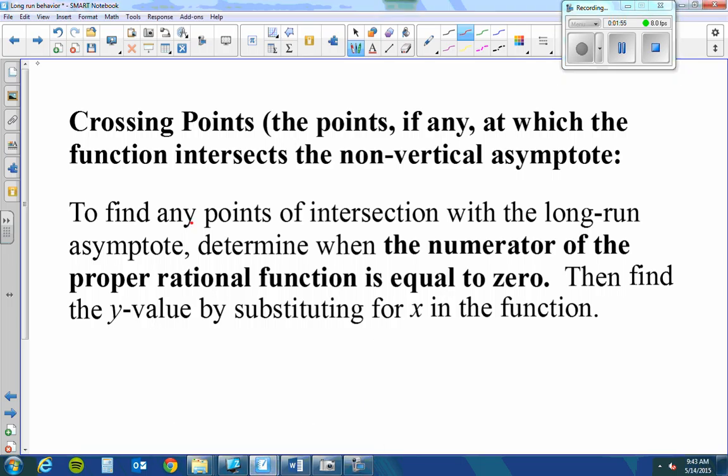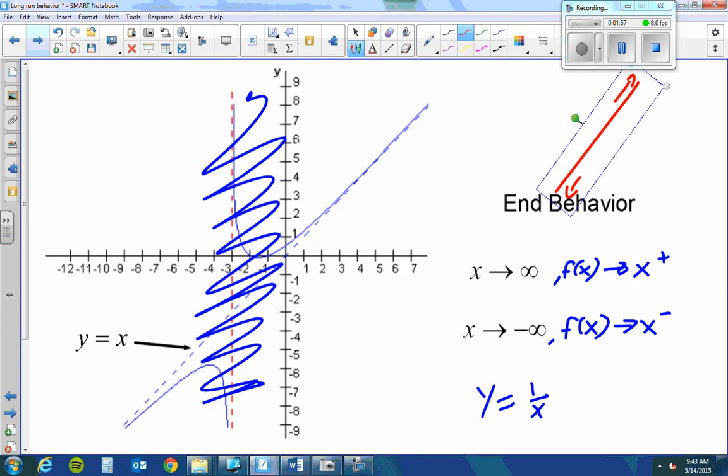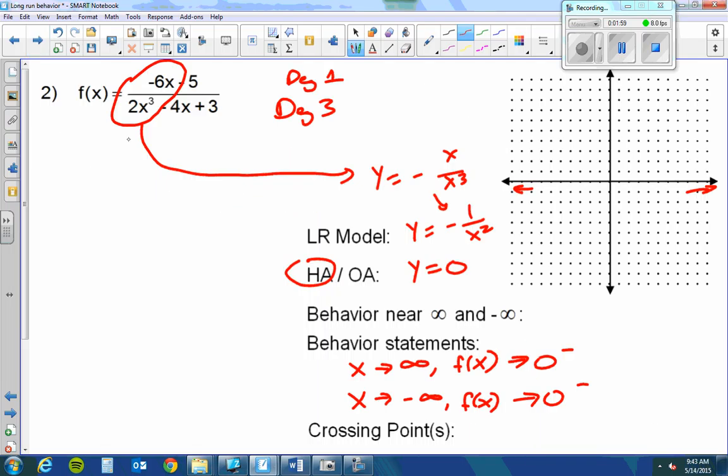Now, let me go back to our problem. In our case, the function was a proper rational function, right? So the numerator it's talking about is just the numerator of the whole thing. So write this down. You want to figure out when that numerator equals 0. Basically, the asymptote is the x-axis in this case, and so the crossing points will be the x-intercepts.